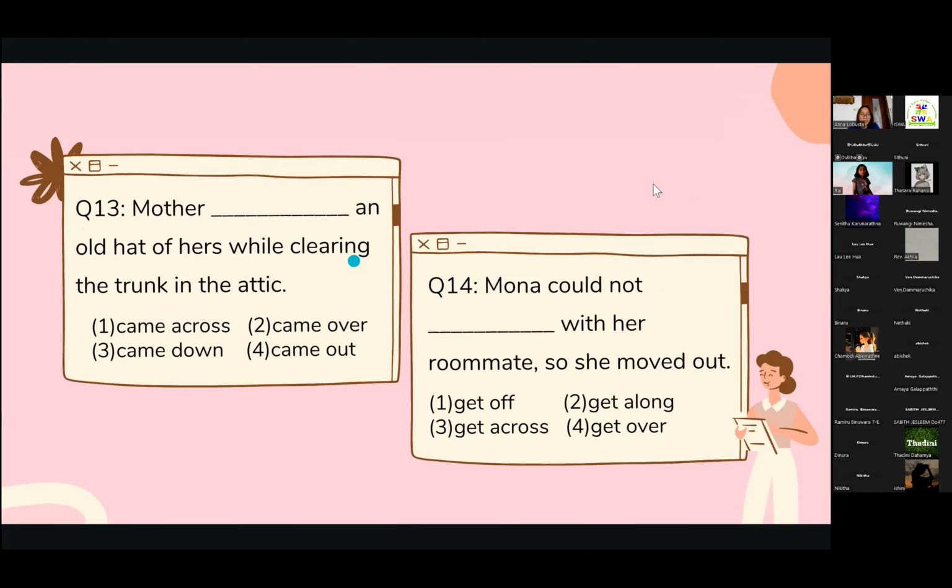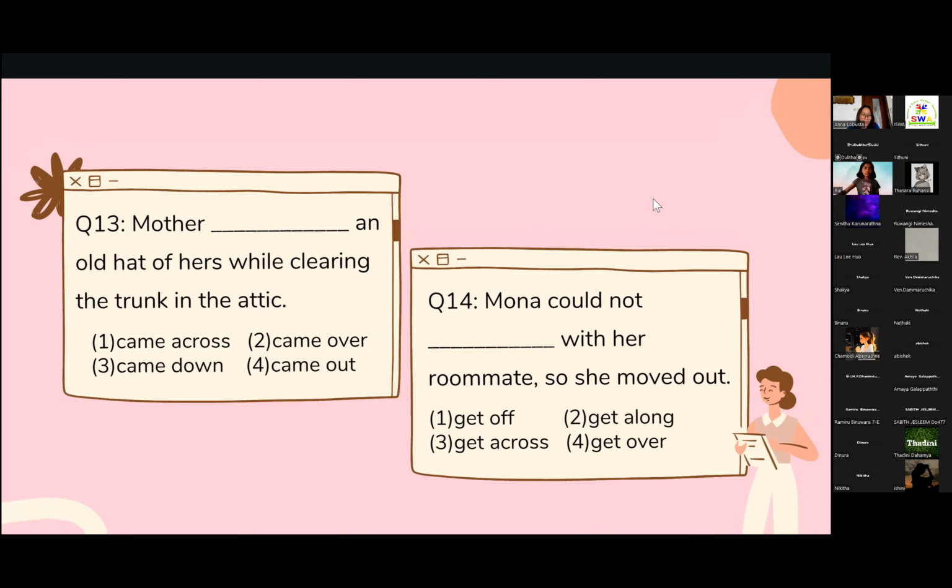Then next question, question 13. Mother blank an old hat of hers while clearing the trunk in the attic.